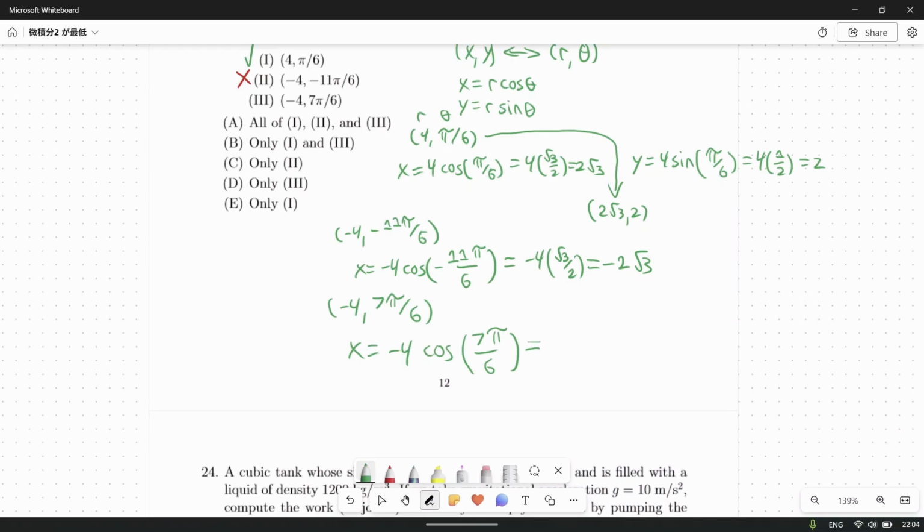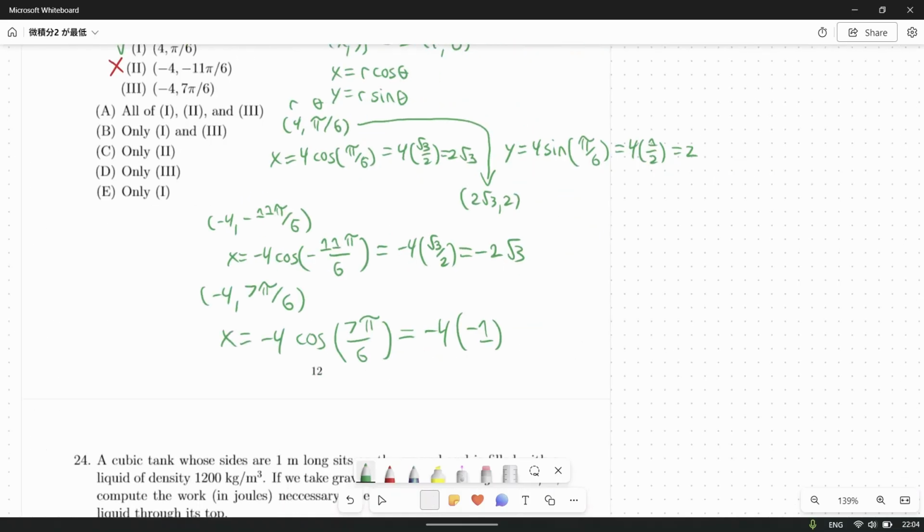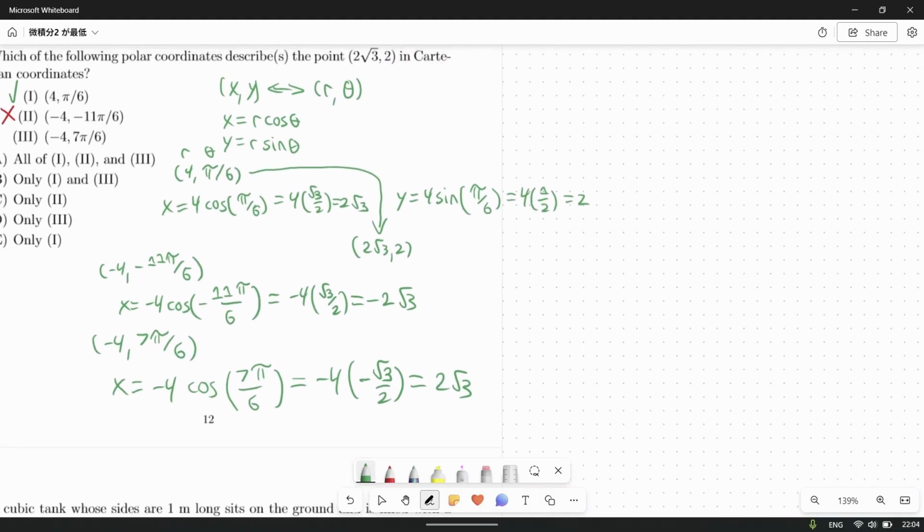So this would be equal to -4 times negative root 3 over 2, which is going to be equal to 2 root 3. So our x coordinate does match up with our target.